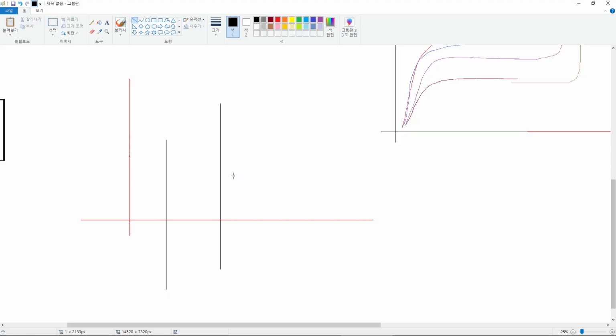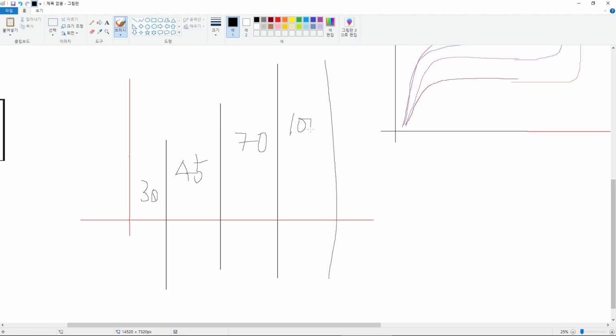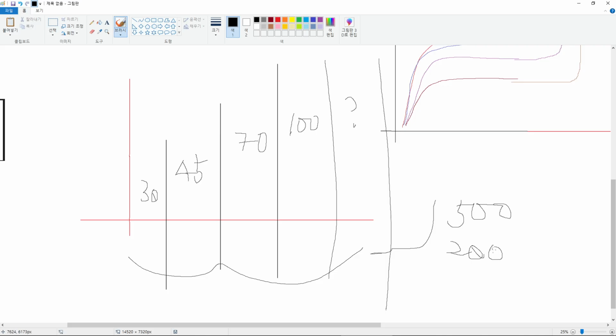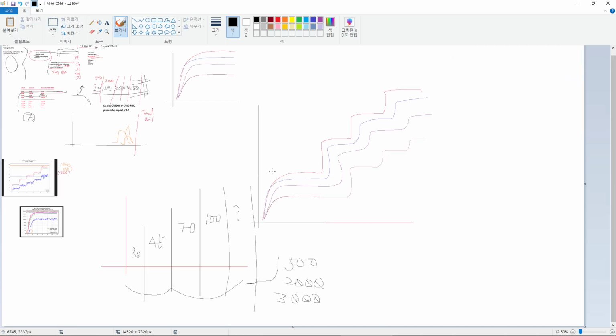In the third era now, 30, maybe 45 in the next era, maybe 70 here, and maybe 100 in the next era, and then the rest of something, so that they add up to a certain number, maybe 500 in total, maybe 2,000 or 3,000, etc. So that's one way I'm looking into right now.